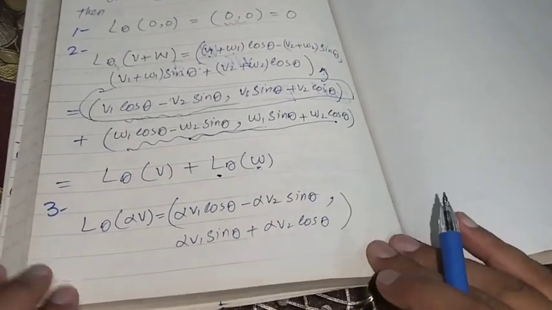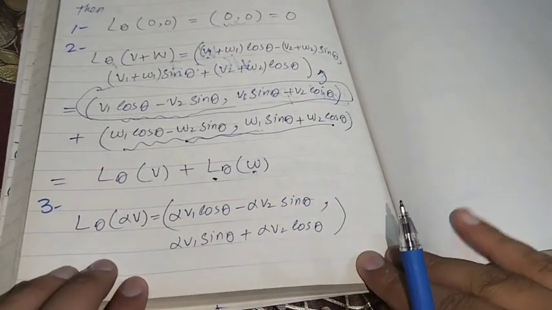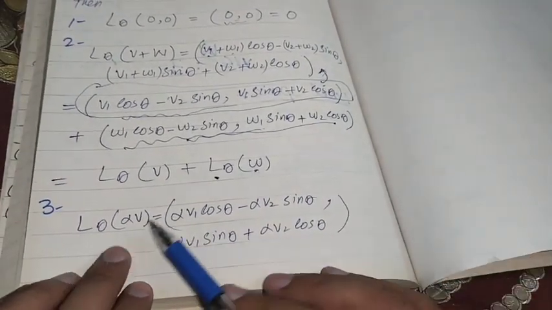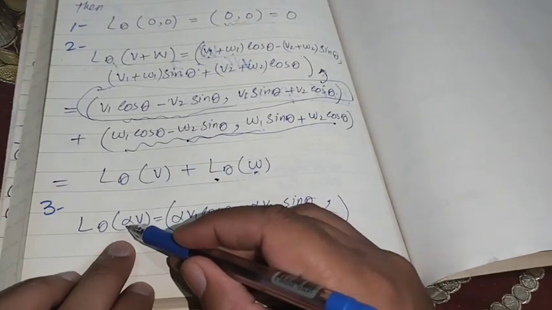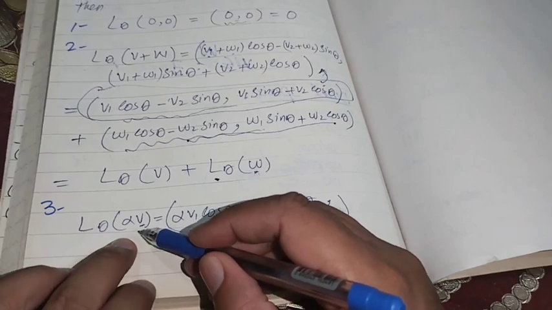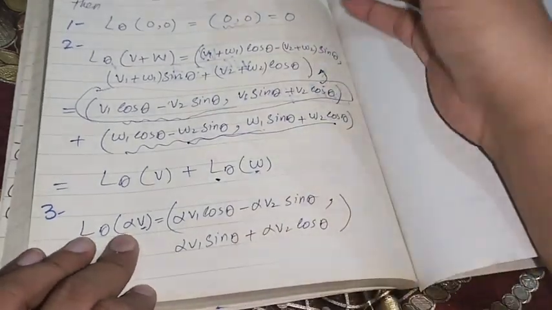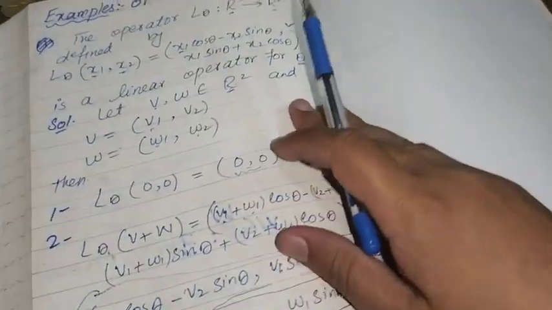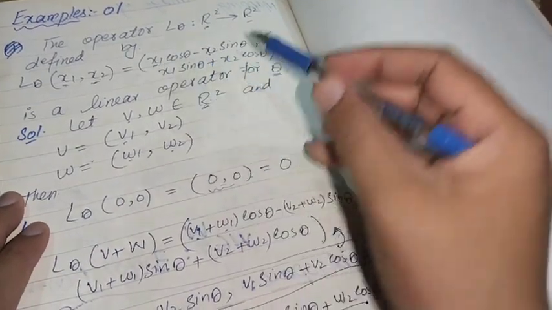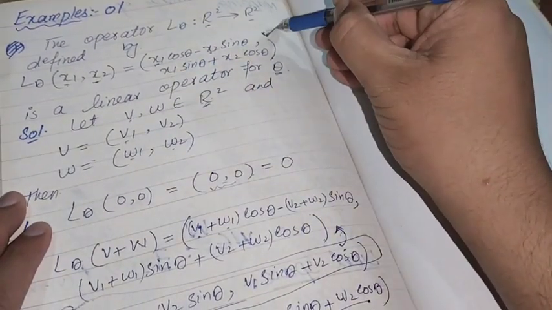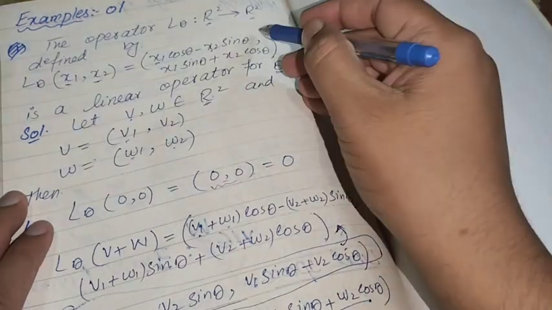Okay, now we move towards the third condition, which is the scalar multiplication. When we multiply the vector v by some scalar alpha, we just multiply the scalar alpha to each term in this output.